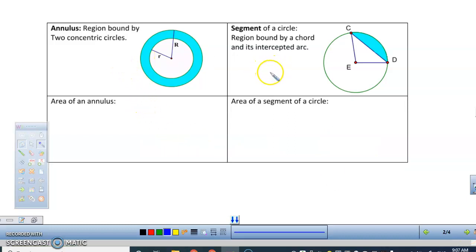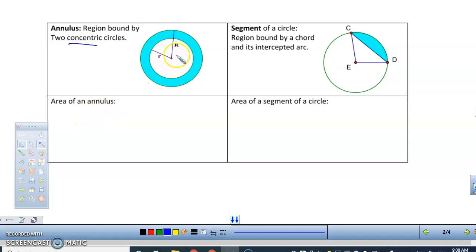A couple more vocabulary words. Annulus: the region bounded by two concentric circles, so circles that have the same center. We can sometimes call it just a donut, but the official word there is annulus, the shaded region outside here. For an annulus area, I like to do this with words first.